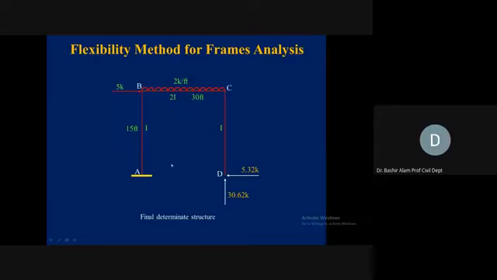Now, these member end actions at A, the support reactions, we can find out very easily. What will be the horizontal reaction here? It will be the difference of this 5 and this 5.32, which is 0.32. And it will be rightward directed. Why? Because 5 plus 0.32 rightward should be balanced by 5.32 leftward force.